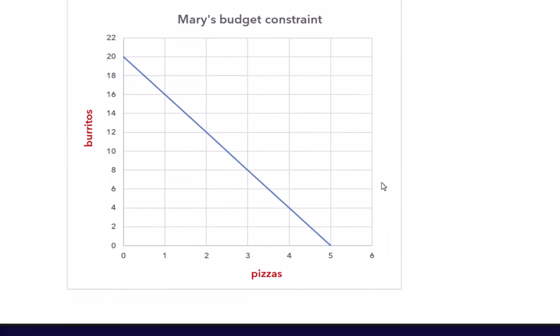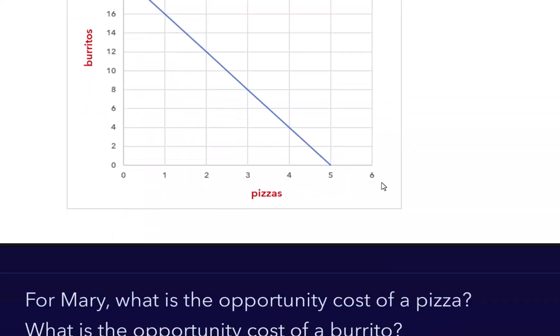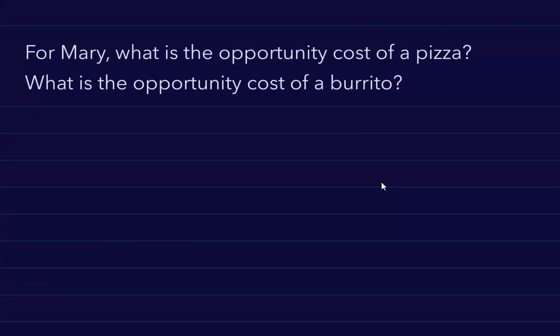Okay, so next, we need to create the budget constraint. I've actually already done that. So we have this, with burritos on the vertical axis and pizzas on the horizontal axis. And then last, we'll find the opportunity cost for Mary of a pizza and the opportunity cost for her of buying a burrito.